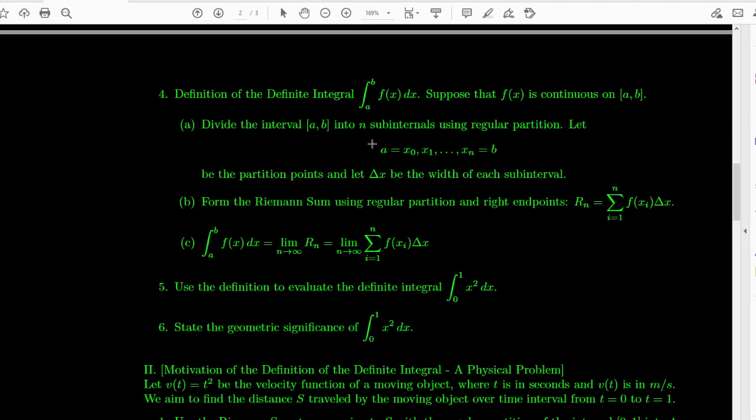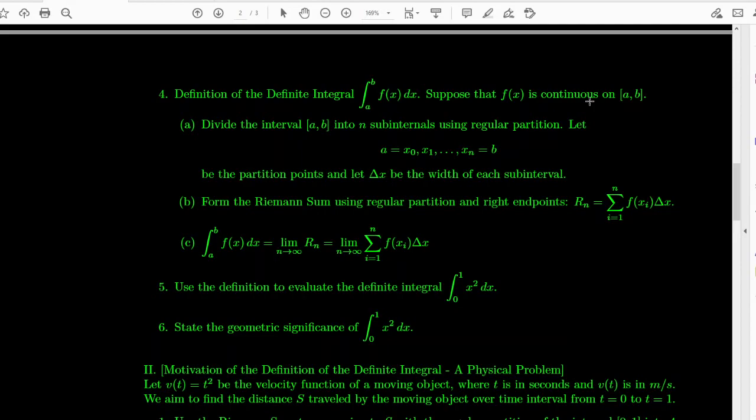You do the same thing. The first thing you do is to divide the interval into n subintervals using regular partition. By regular partition, we mean the subintervals are equal in width. And by the way, the following is going to work if the function is continuous. That's an important condition. I want to repeat: the following will always work when the function is continuous.